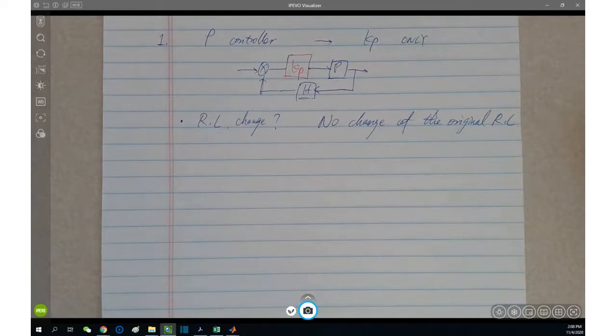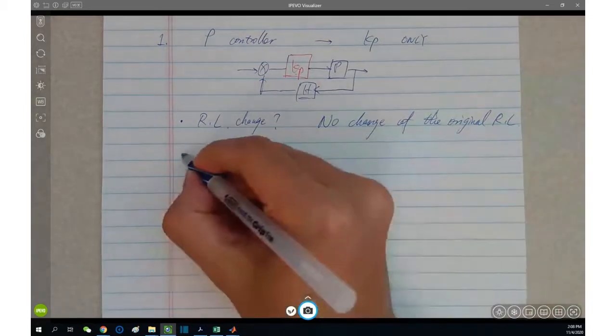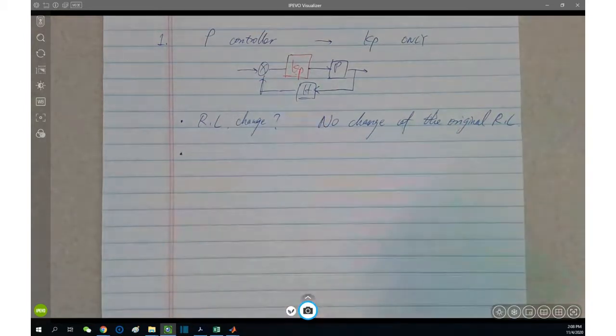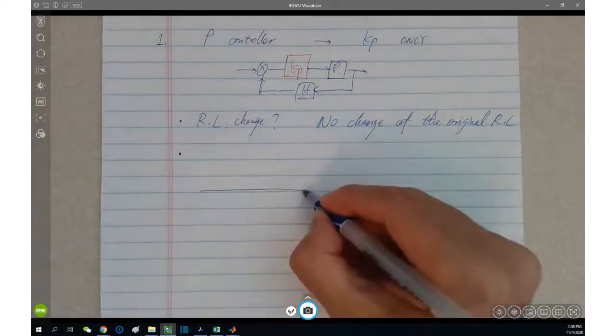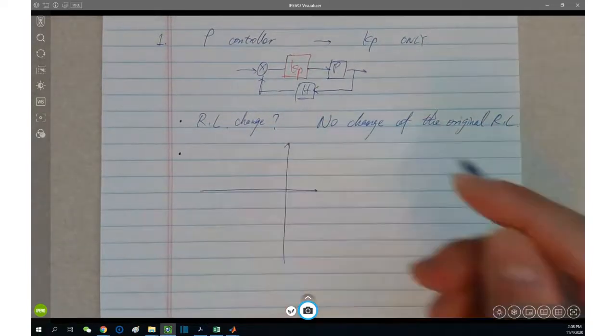The system becomes different, obviously different, because you're introducing new gain here. And what's the difference? How about this? This is probably a little bit hard to understand, but assuming we have the original Root Locus like this.